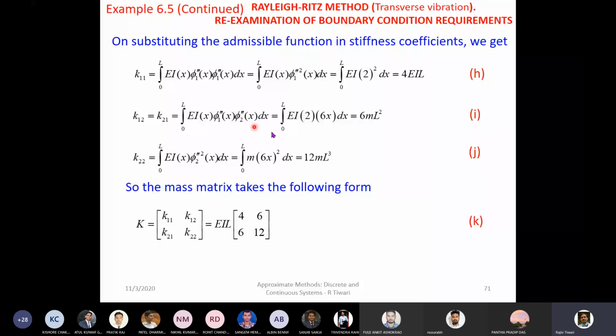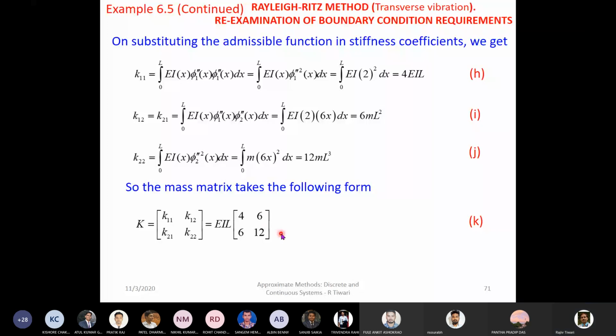Phi1 double prime is 2, phi2 double prime will be 6x, because x cube, if you differentiate twice, you get 6x. If you integrate, you will get this. Similarly, K22: phi2 double prime squared, 6x square, so that will give this. So now we got the stiffness coefficients, so we can form the matrix. And here also the stiffness matrix is symmetric.